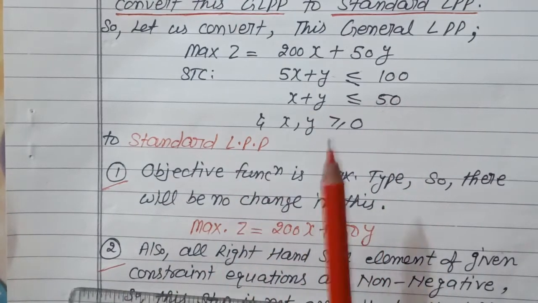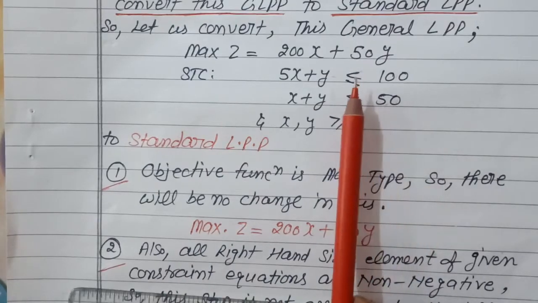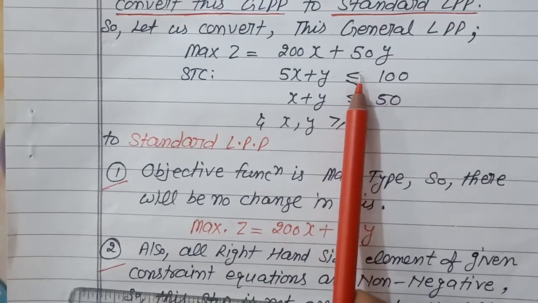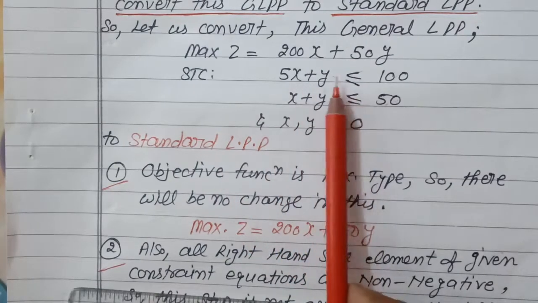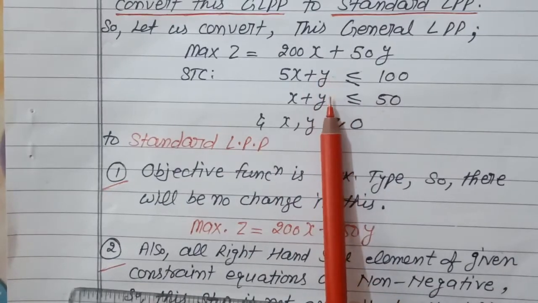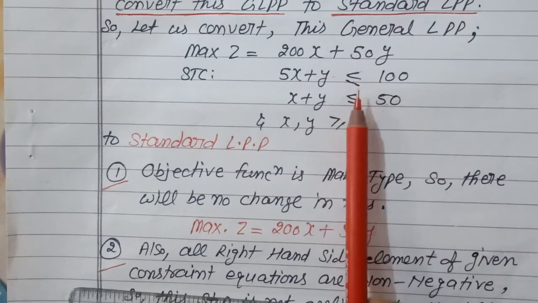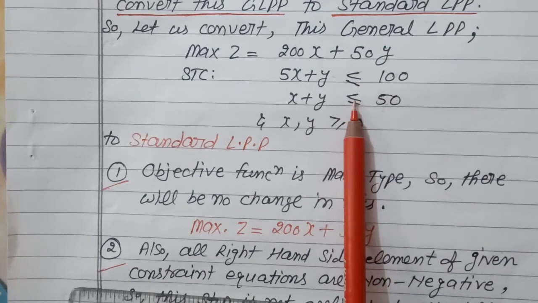In the third condition we have to convert these inequality symbols to equality symbols. For that purpose we have to introduce slack or surplus variables, depending on the symbols of the constraint.